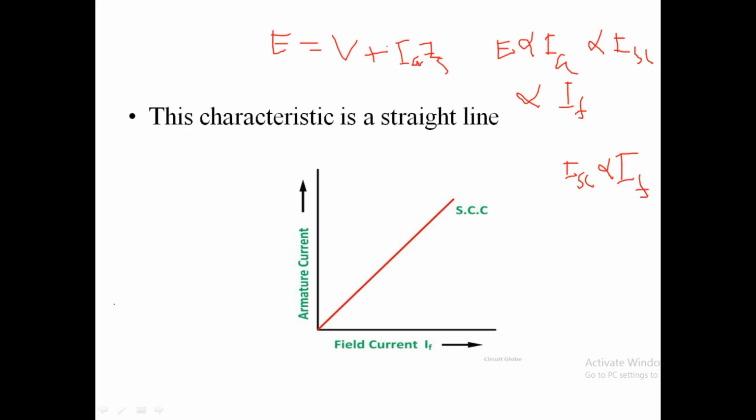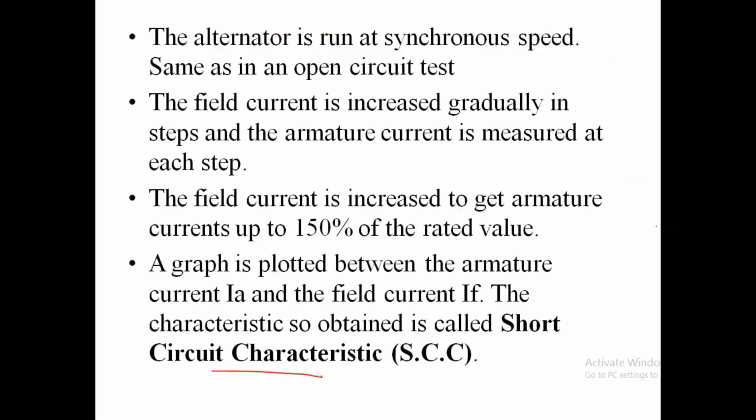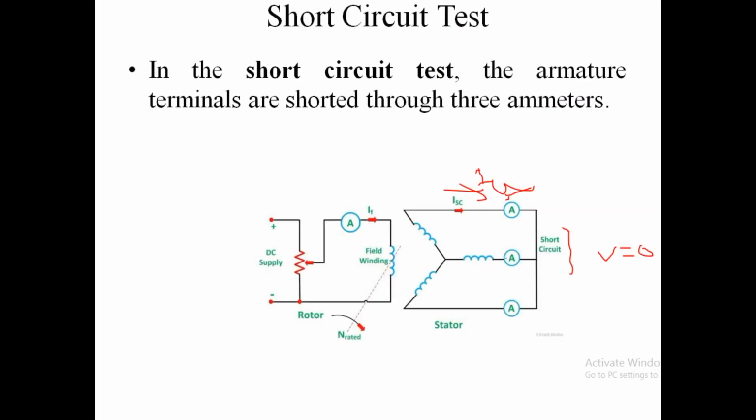One more point to note: the short circuit curve is always linear, but the OCC is not always linear. It is linear in most of the region, but at the start and at the end region it is not linear. The reason is the armature reaction in the machine. The circuit under the short circuit test is entirely reactive, inductive, with almost no resistance.